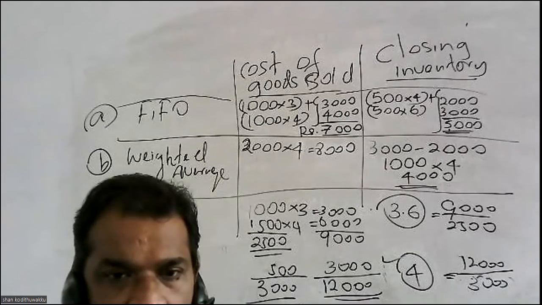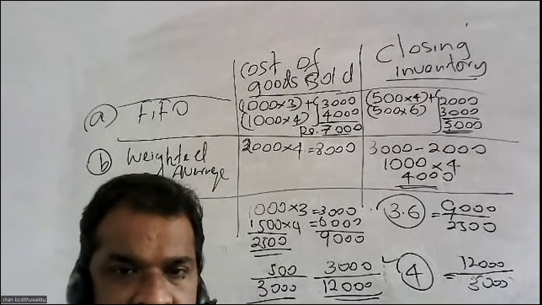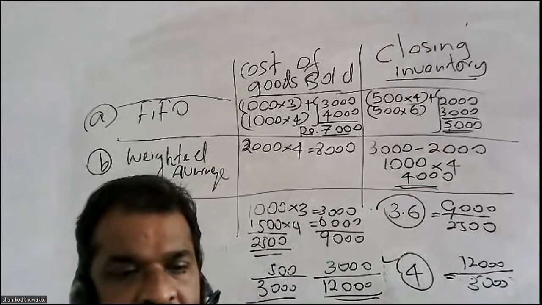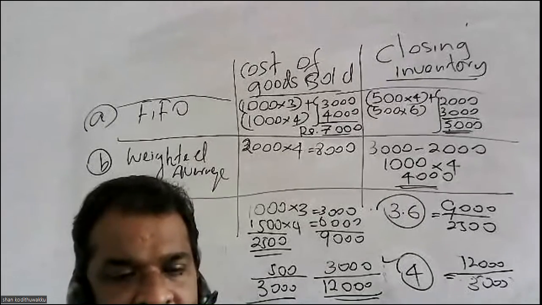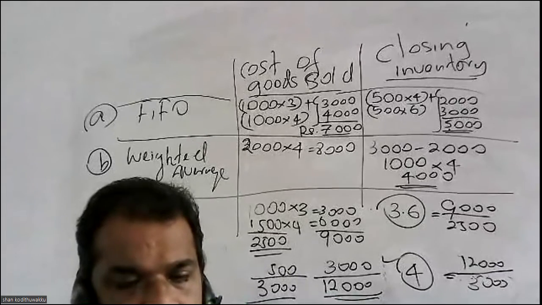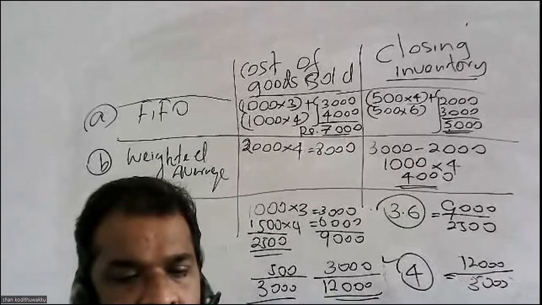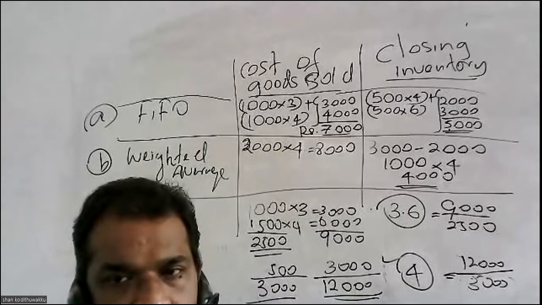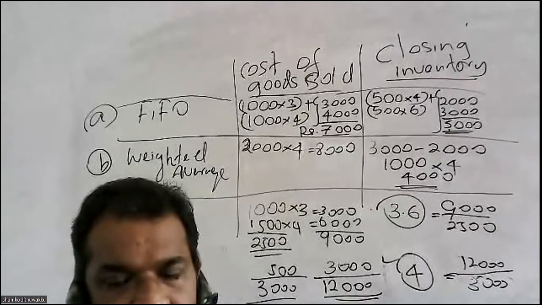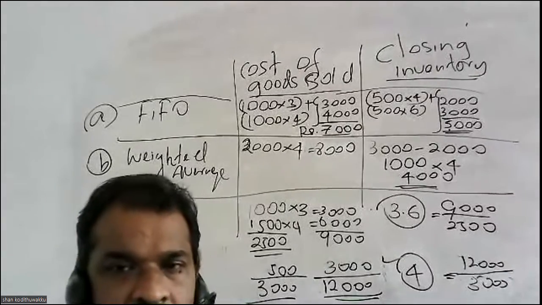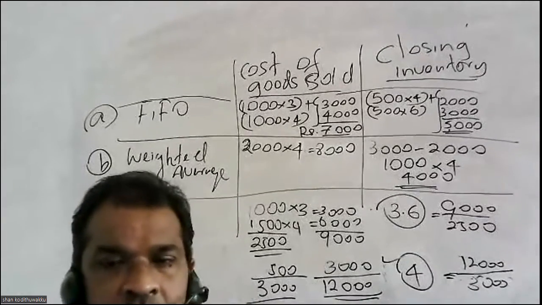Therefore, closing inventory: from the first purchase of 1,500 units, we used 1,000, so the balance is 500 at 4, that is 2,000. From the second purchase, 500 into 6, 3,000. Total value 5,000. Right.